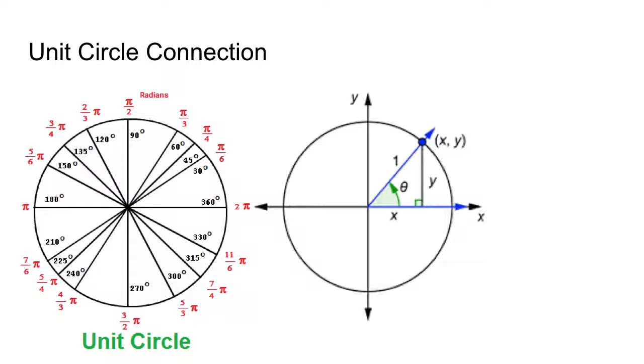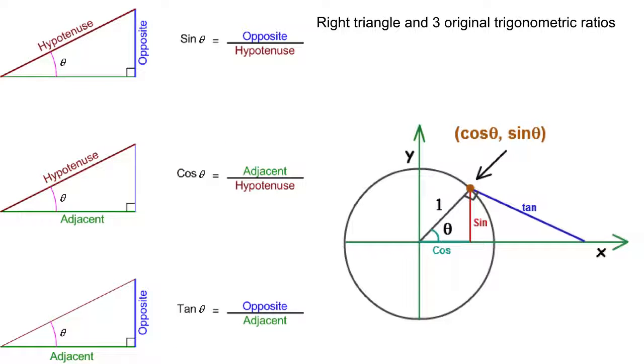To connect this back to our trigonometric functions, we are going to take one of the lines of the unit circle and draw a line down from the intersection between the theta line and the circle so that it connects perpendicularly with the x-axis. This line creates a right triangle, with the hypotenuse functioning as the radius and one of the sides being the height of the triangle and the other being the base along the x-axis.